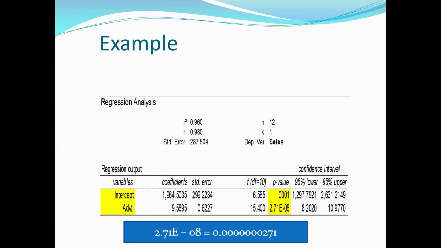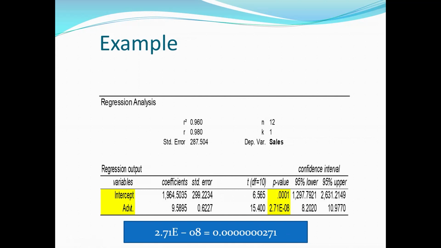So out of 100 samples, in 95 cases in the population, the value of alpha will be between, in this sample it is 1964, but in other samples it will be varying between 1297 to 2631. But in 5 samples, it will be beyond the lower limit and the upper limit.